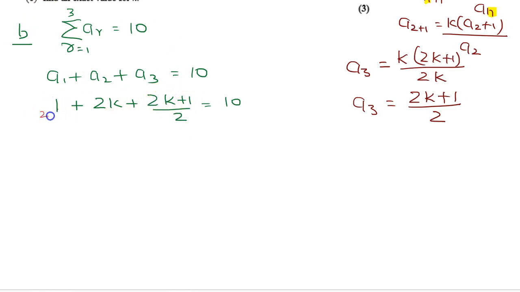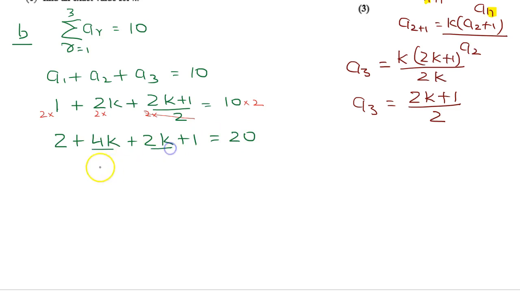We multiply all terms by 2. So this 2 and 2 will cancel. So it will be 2 plus 4k plus 2k plus 1 is equal to 20.